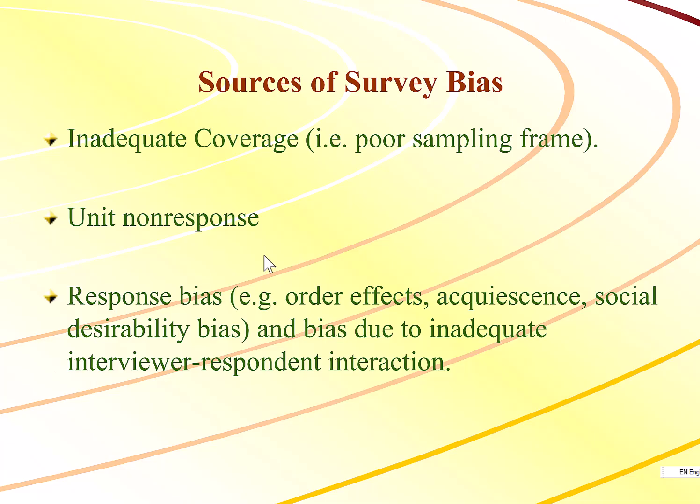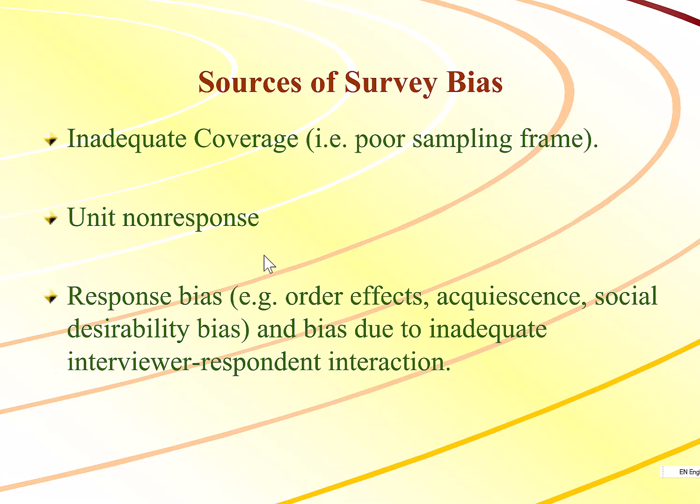And response bias would be ways that the survey is being systematically responded to in a way that's different from the true values. So order effects, acquiescence, social desirability bias. Order effects could be due to, for example, monitoring for consistency of response across items.